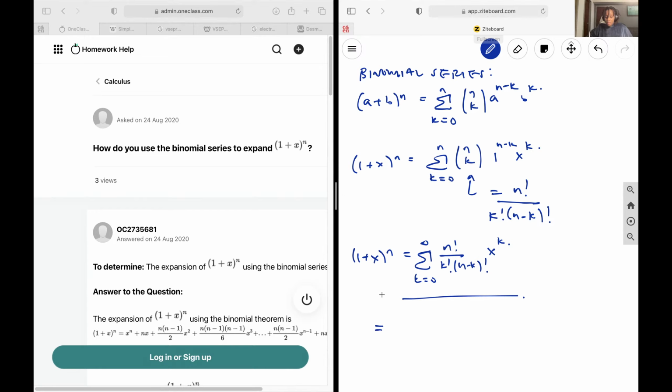If you want to write out the first couple of terms, when k is 0, then you have n factorial over 0 factorial, which is 1, times n minus 0 factorial, which is n factorial, into x to the power of 0, plus k is equal to 1, so n factorial over 1 factorial n minus 1 factorial x to the power of 1, plus, and just keep going like that.